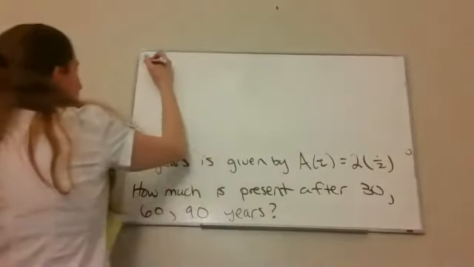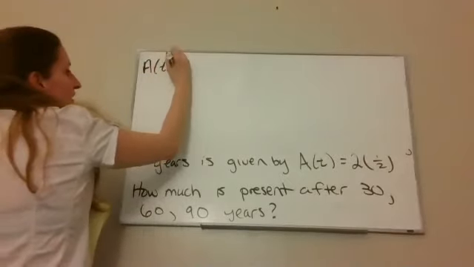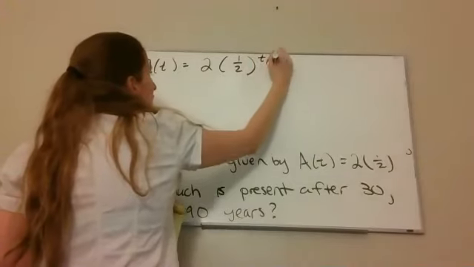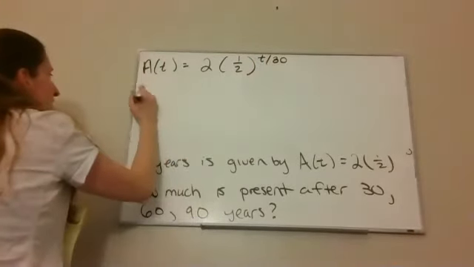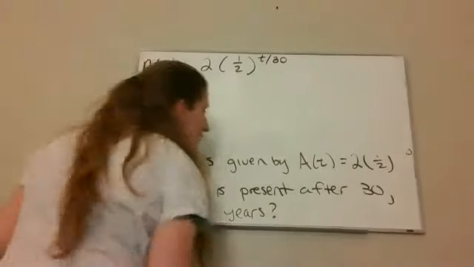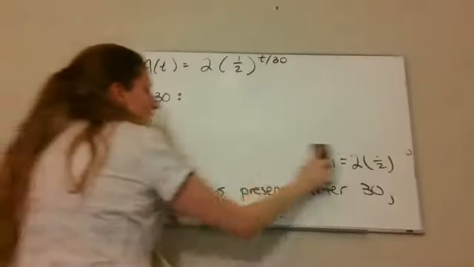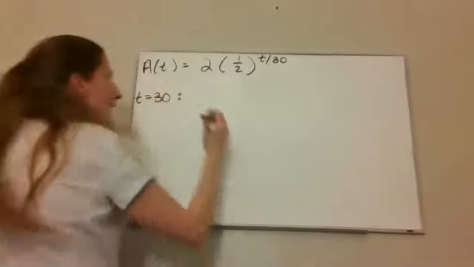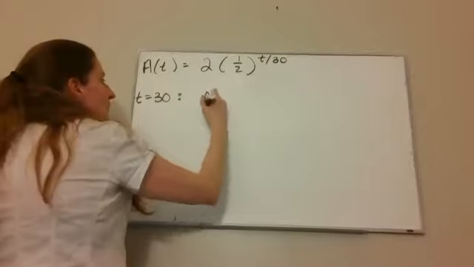So we had A of t equals 2 times 1/2 to the t over 30 power. And we want to first figure out what happens at t equals 30 years. So after 30 years, what happens to our 2 gram sample?